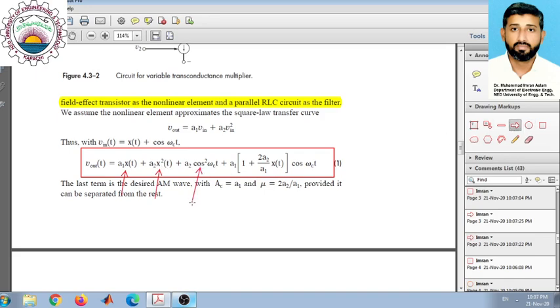The third term is cos square omega ct, which involves the square of the carrier wave, and the last term depends on cos omega ct, the carrier wave. You can easily see that this is not in the form of an AM signal. It is a combination of a variety of different things.